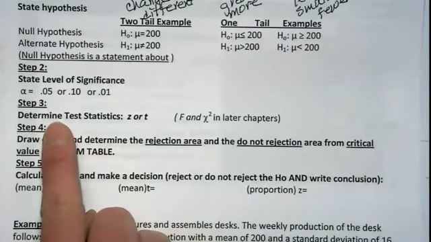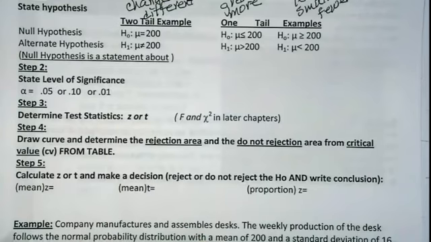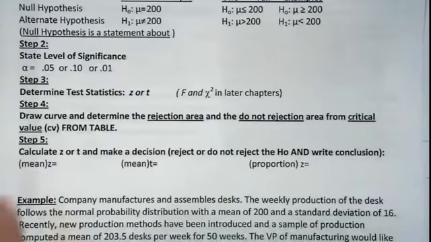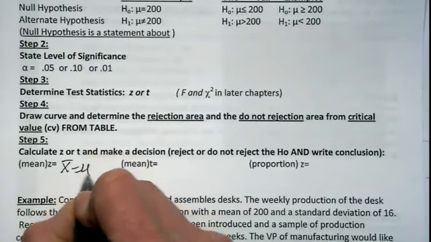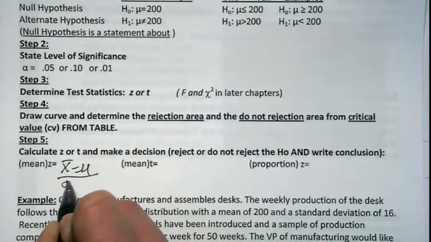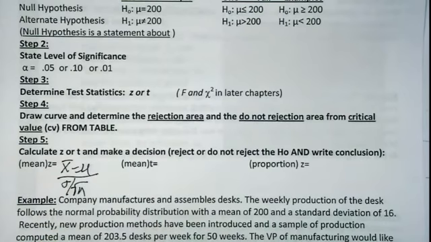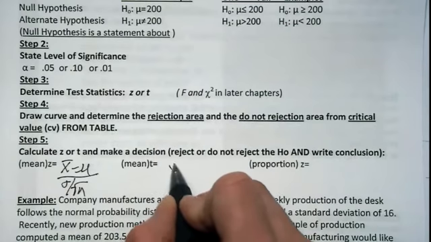Again, your third step is to determine whether it's a Z or a T statistic. If it's a Z statistic and it's mean data, you're going to use this formula. If we have our sample standard deviation, as I mentioned before, it's going to be a T statistic.